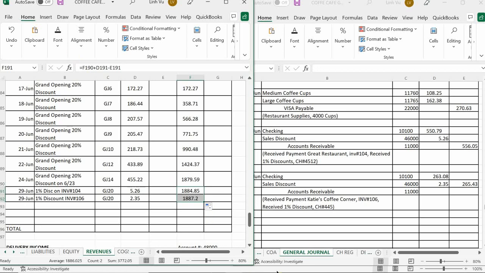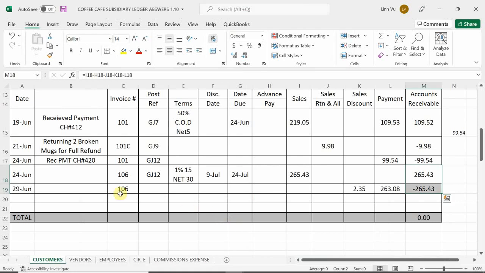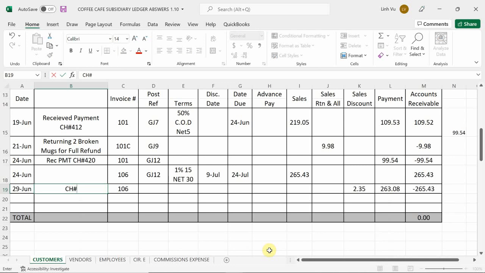We need to finish up our subsidiary ledger, because we were in the middle of filling this out. We got check number 5455, and then you can say received 1% discount.